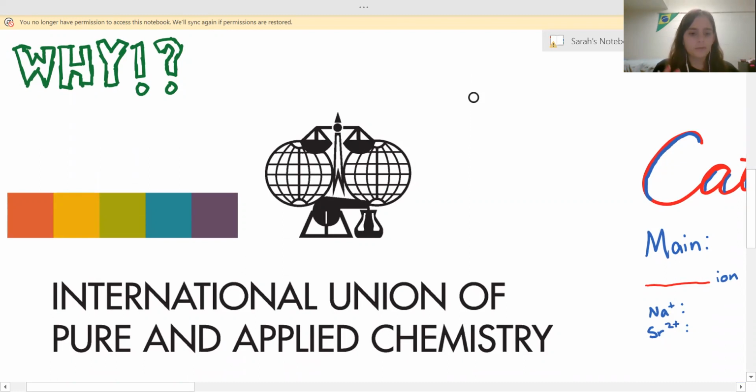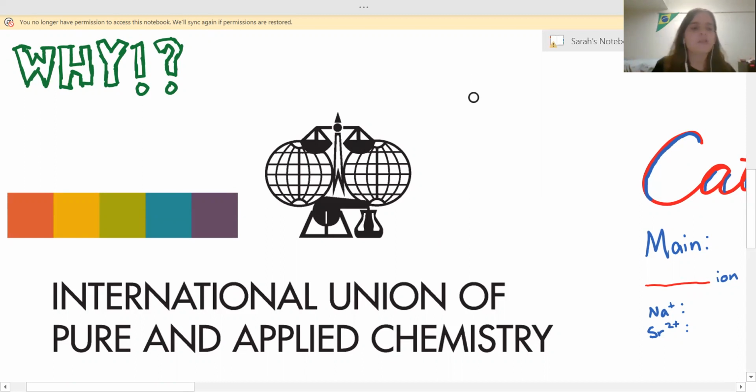The goal of IUPAC was to standardize the naming of molecules because it's important to be able to communicate the information of a molecule when talking about one. So they came up with really clever and very specific rules to convert in your mind the name of a compound and the molecule, the actual formula.